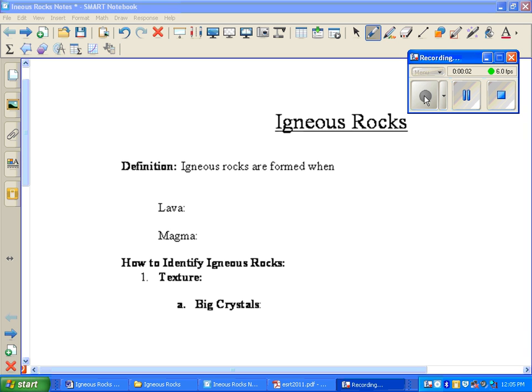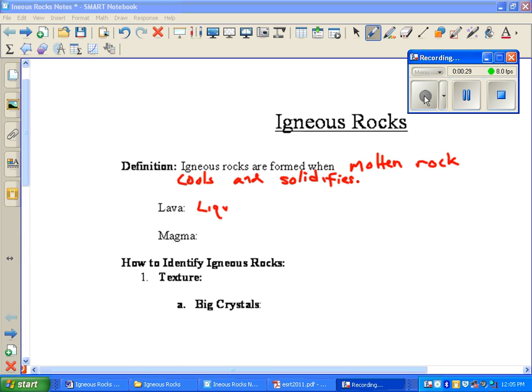This is going to be a lesson on igneous rocks. Igneous rocks are rocks that are formed when molten or liquid rock cools and solidifies. And our molten rock can be lava.